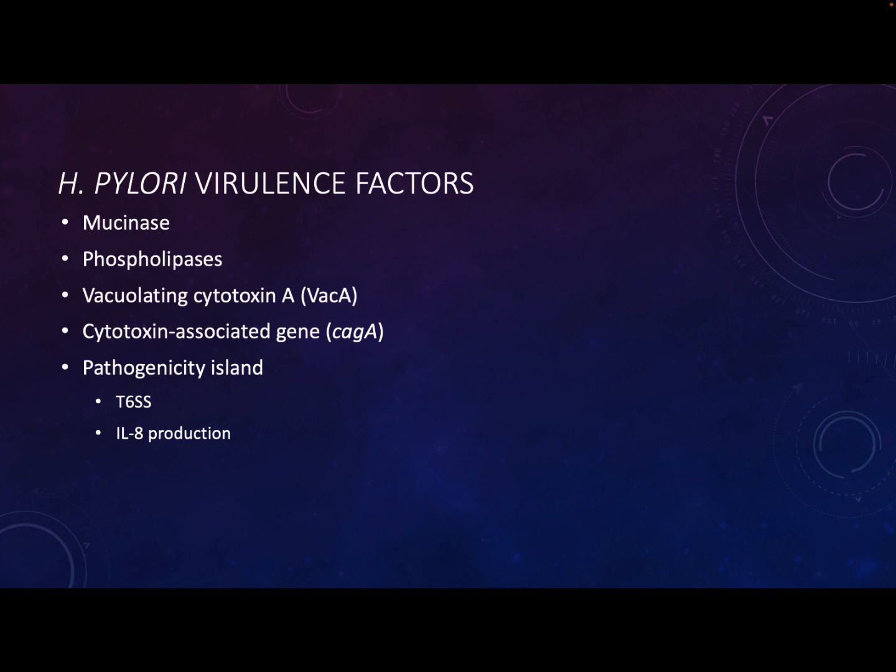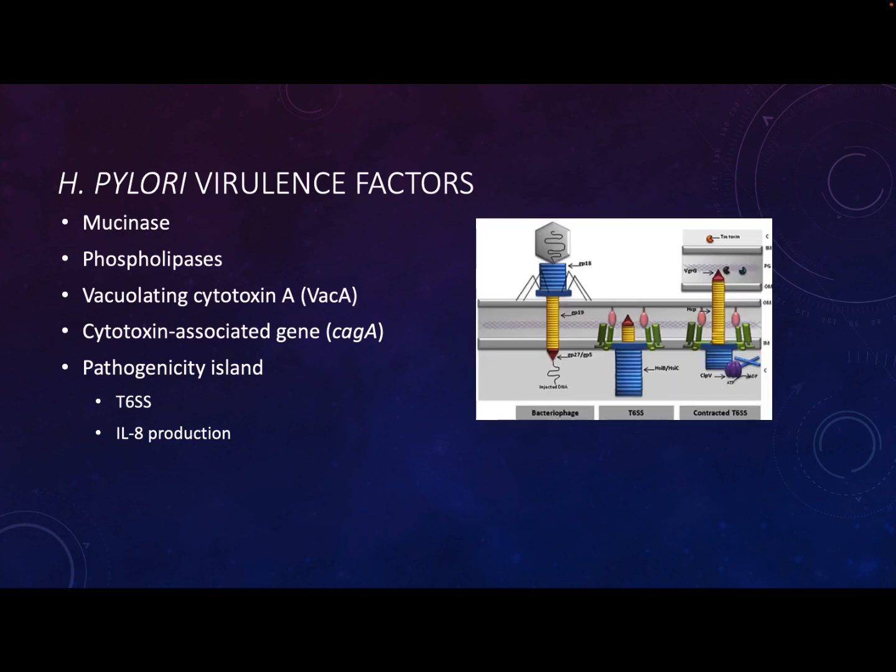So instead of a type 3 secretion system, which we've talked about before, it has a type 6 secretion system, which looks really similar. It's still that type of syringe mechanism, but it's made of different proteins, and evolutionarily it has a different origin. And they also can induce IL-8 production to kind of trick the immune system. So they have a lot of different virulence factors.